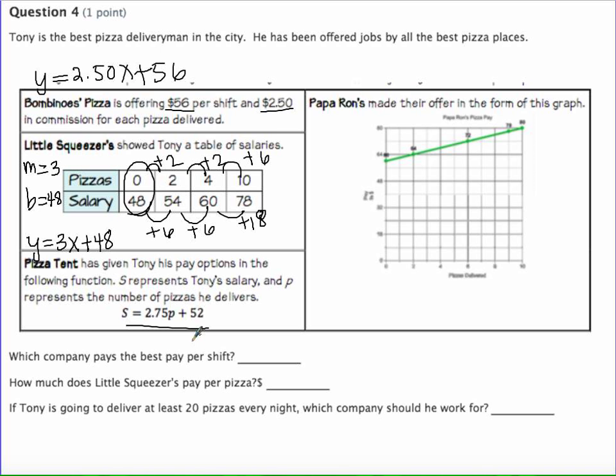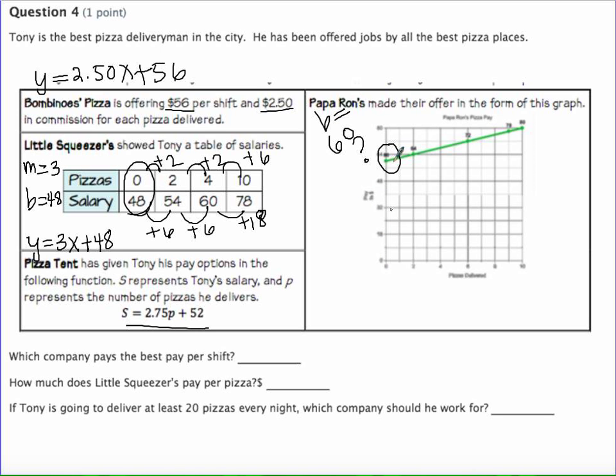Pizza Tent already gives us an equation. It's $2.75 per pizza plus a $52 initial salary. And then Papa Ron's is on the graph. It's a little bit blurry, but it looks like that says 60, I believe. So we've got initial value, a y-intercept of 60, and then we need to find the slope.